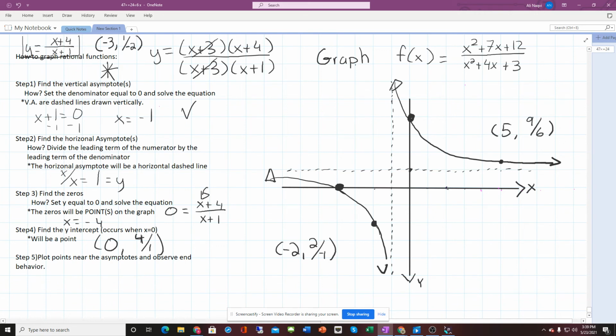So at the point -3, which is right here, it's going to be -0.5. So this point right here, I have to put a hole. It's not going to be on the graph, okay?